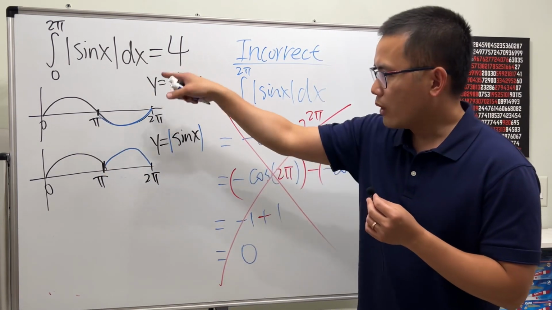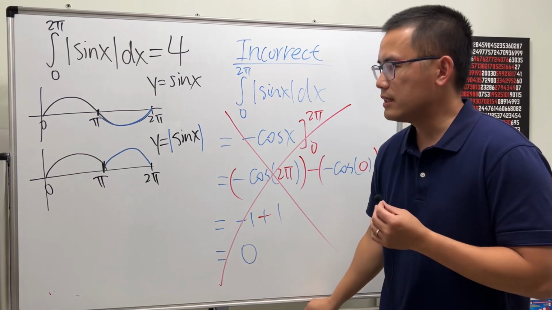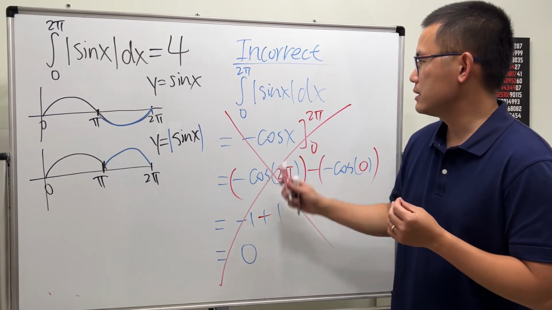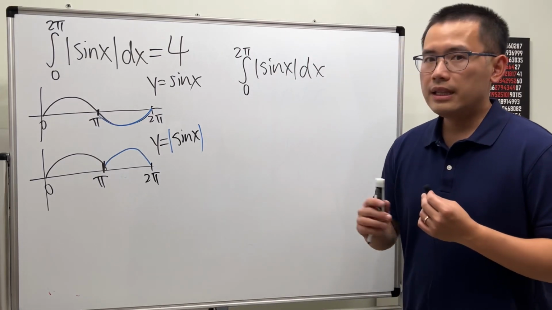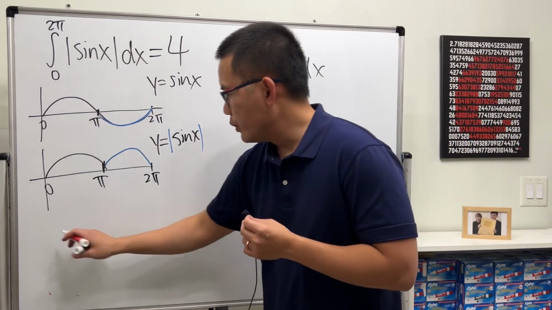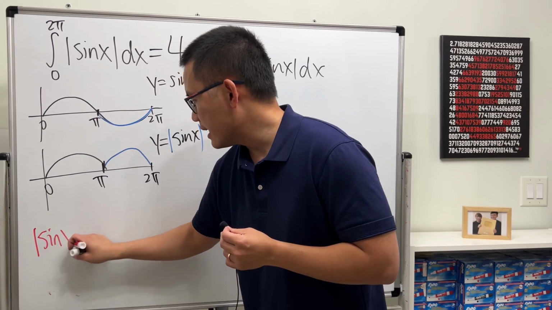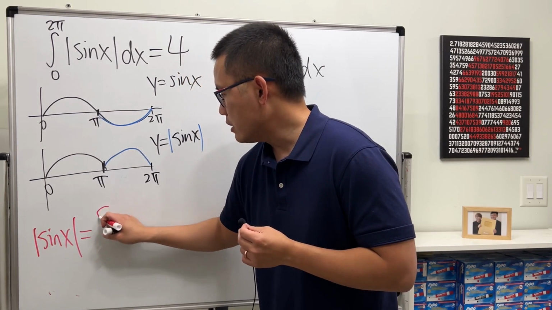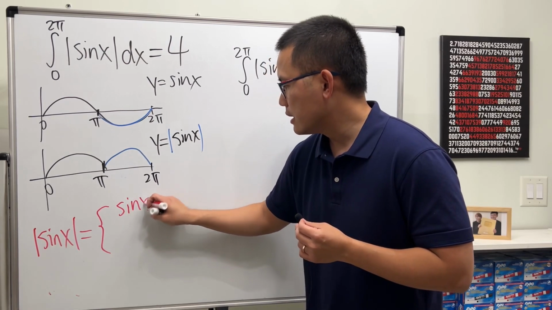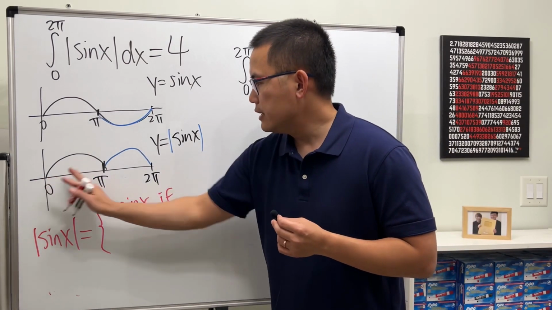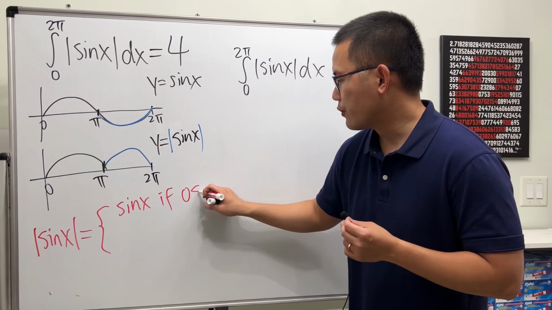So to work that out, we actually have to break this down into 2 separate integrals. And let me write this down right here for you guys first. When we have absolute value of sine x, this right here, we can take out the absolute value and we just get sine x, if, for this only, we just care about going from 0 to pi.